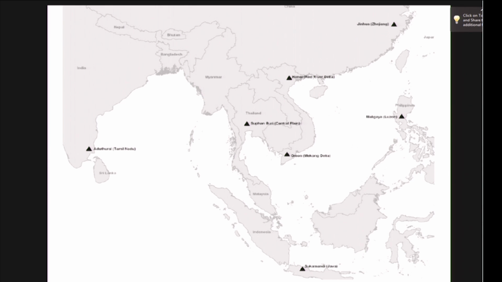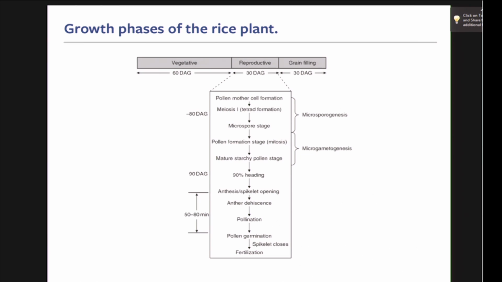But what we did, and this is now irrigated rice, is we wanted to figure out at different phases of the rice plant's life, much like we have very complicated different life stages, the rice plant does too. We looked at different stages of the irrigated rice plant's life, what type of weather matters in what way.